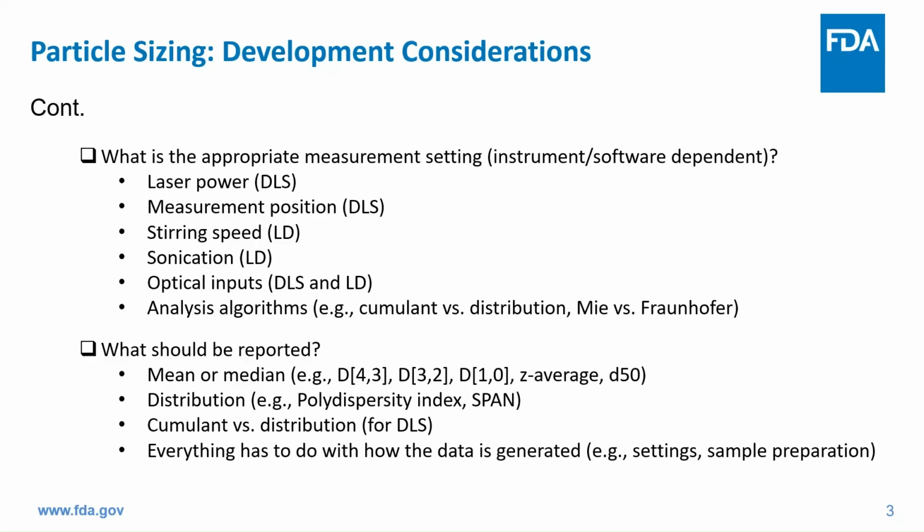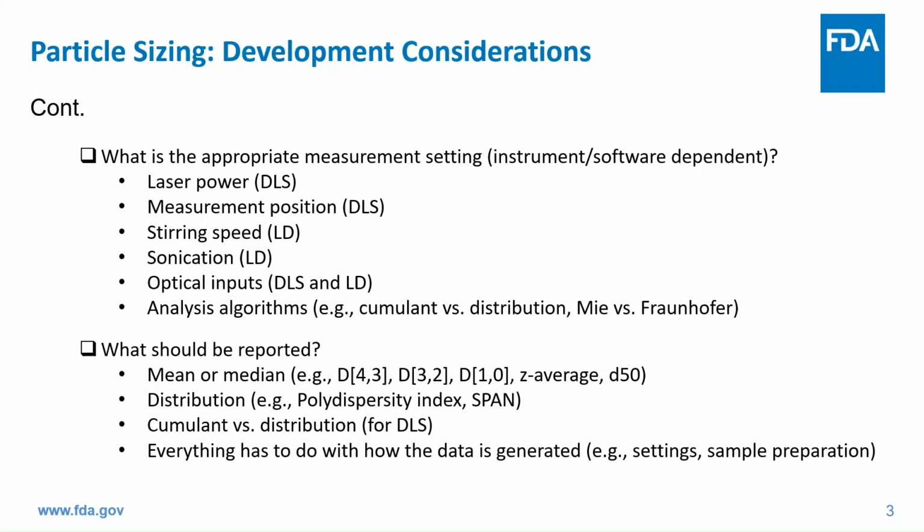To overcome that, if you want to measure the primary particles, applying certain sonication will prevent agglomeration. And optical input is also really important for scattering techniques, because it is such a critical component of the scattering phenomenon that without that information, we cannot necessarily perform a measurement.